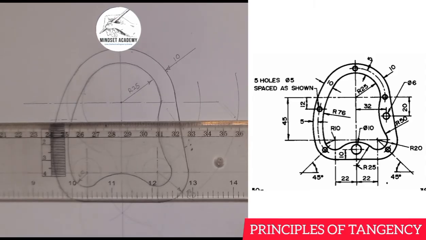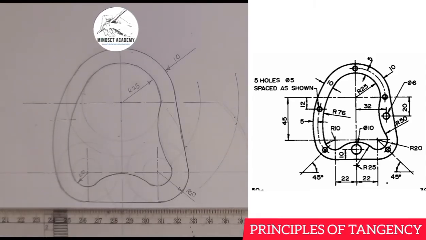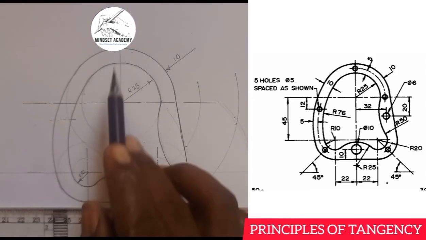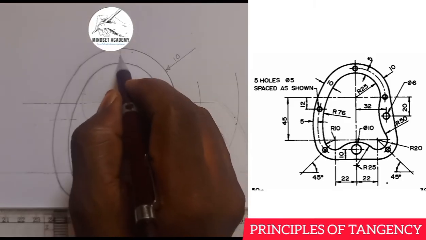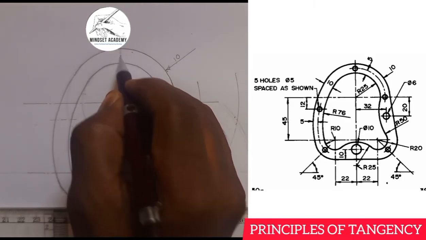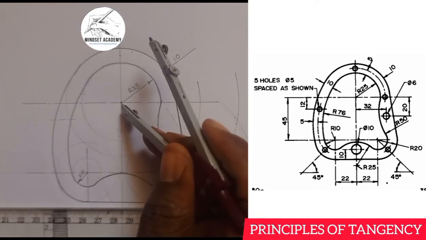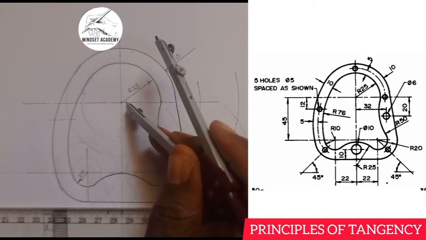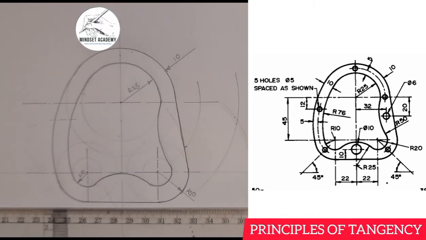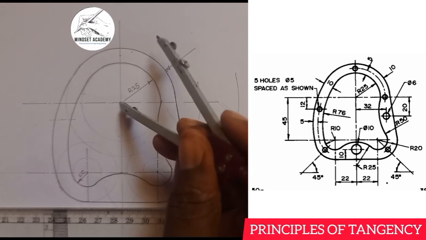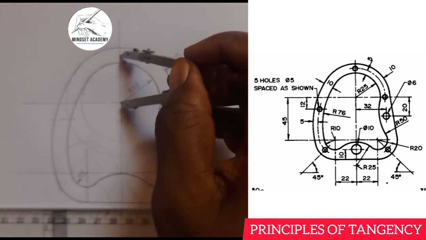Right? How will I get the center? The center is just half of the figure here. If from here to extend, the center will be what? Half of it, which is 5. So I'll just take my compass and place it 5 millimeter from that point there. I can just take 5 from here.